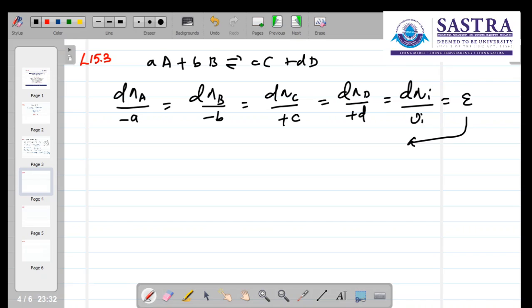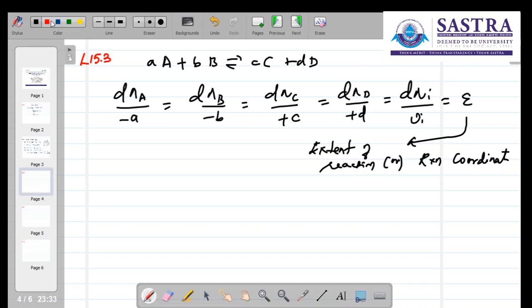This epsilon is called the extent of reaction. An alternative name for epsilon is reaction coordinate.